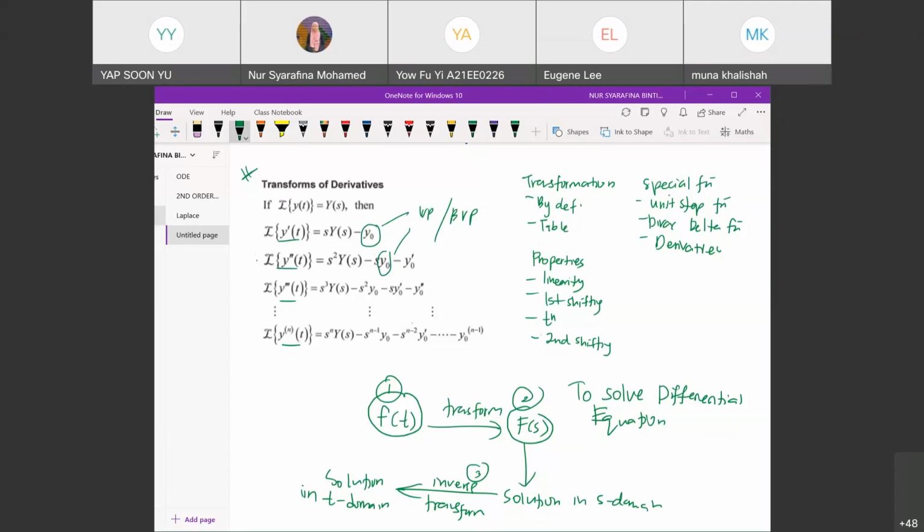So this is just for you to know how to transform y prime, y double prime, and y triple prime. Once you can transform, only then can you solve the differential equation. Once you solve it, you obtain the solution and apply the inverse transform to get our solution in the t domain. All right, are we clear enough?